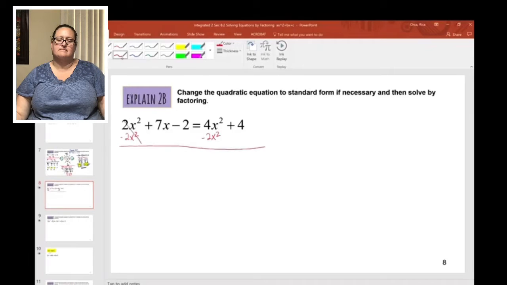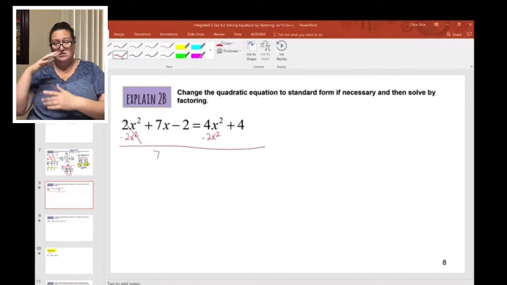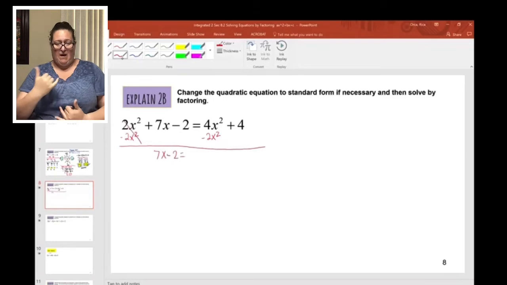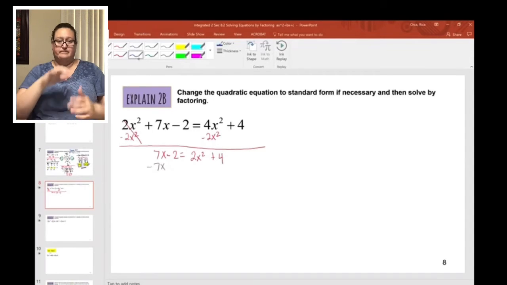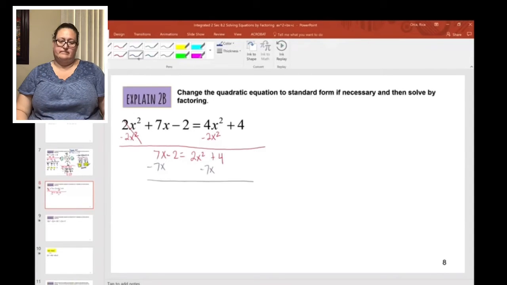So I'm subtracting 2x squared from both sides, and now I have 7x minus 2 equals 2x squared plus 4. Okay, let's subtract the 7x from both sides, and that's going to give us -2 is equal to 2x squared minus 7x plus 4.